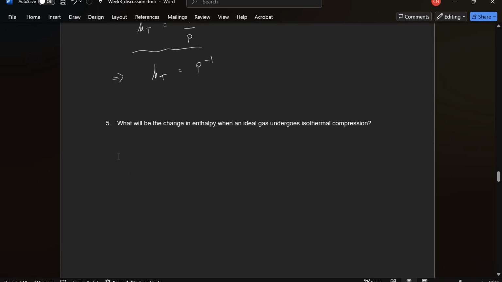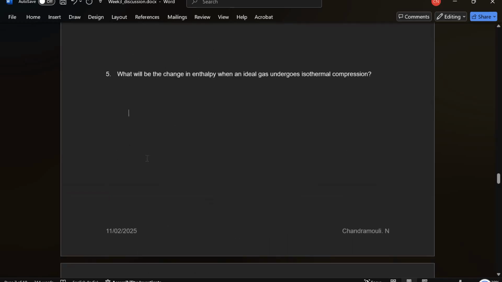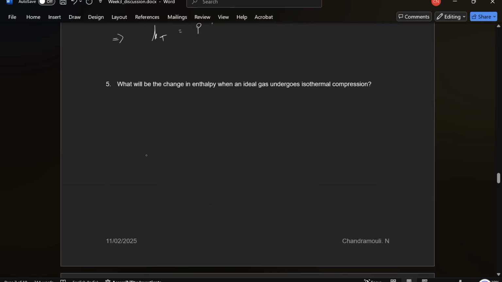Now we'll go to the first question. Again, this is quite easy, and I think a lot of you will know it already. What we want to know is the enthalpy change when an ideal gas undergoes isothermal compression. As we all know, H is equal to U plus PV.